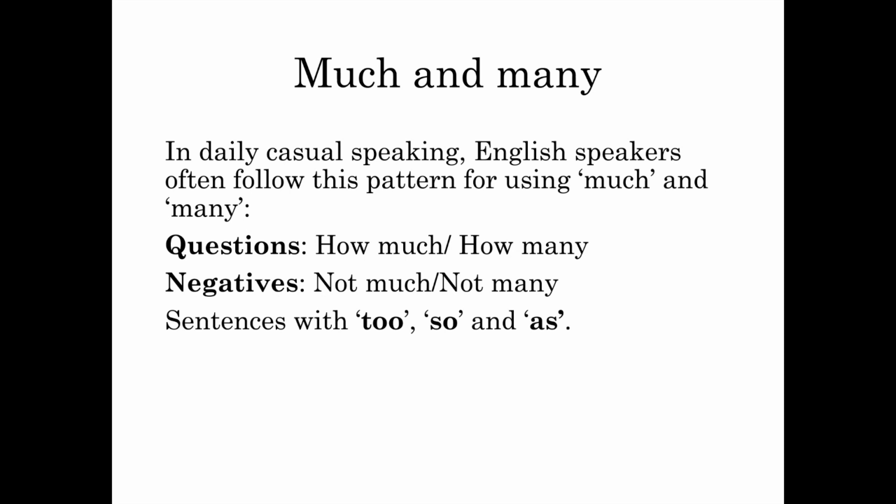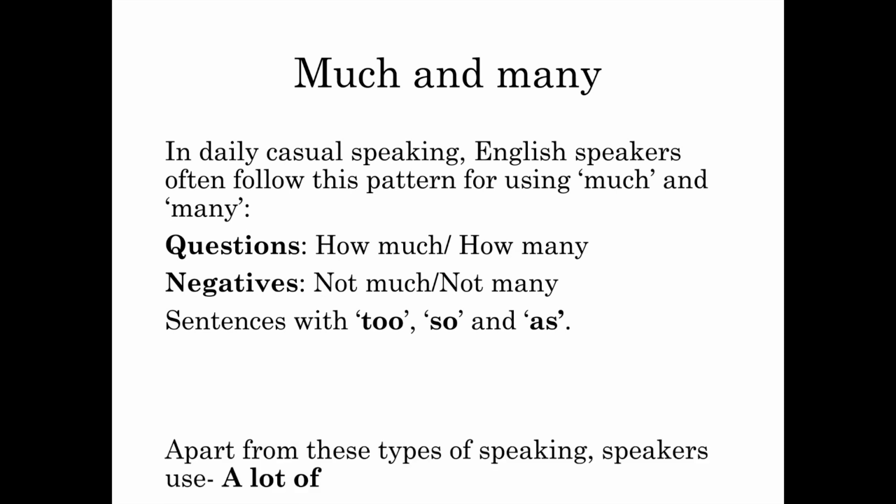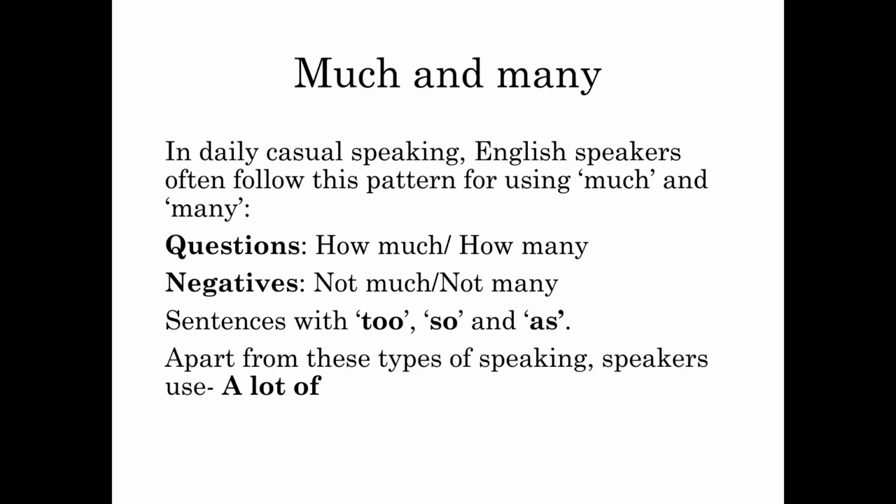Another category is positive sentences which use too or so or as. These are positive sentences with these expressions in them. Now, apart from these types of sentences, questions, negatives, sentences with too, so, and as, for the other kinds of sentences, basic positive sentences, English speakers often use a lot of.